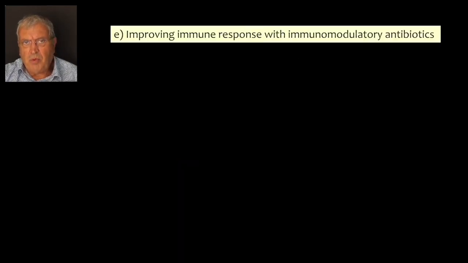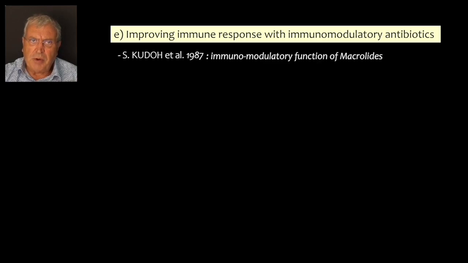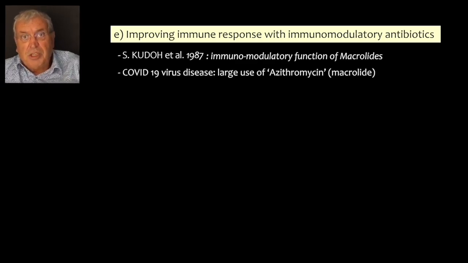Can we improve the immune response with antibiotics? The first publication about macrolides was in 1987. And during the COVID, which is a virus disease, in logic, we don't need antibiotics.